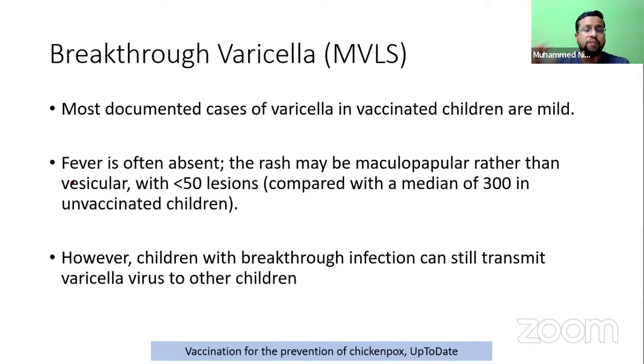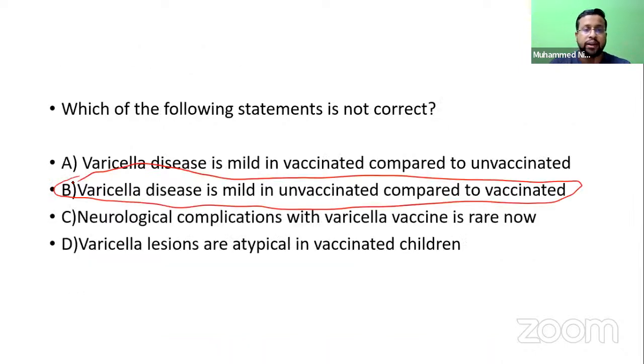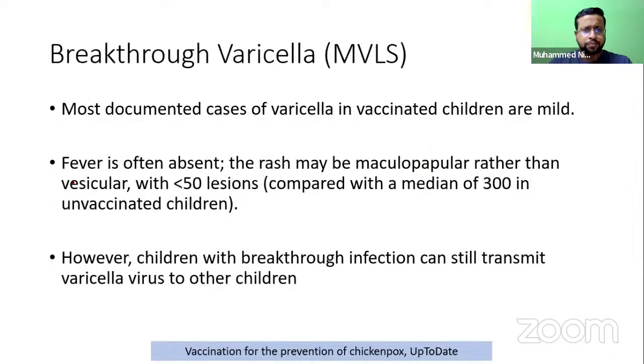Fever may not be seen in these patients, and the rash may be maculopapular rather than vesicular. The number of lesions is much less. So those statements are also correct. The only wrong option is that varicella disease is mild in unvaccinated compared to vaccinated. So that is the correct answer.